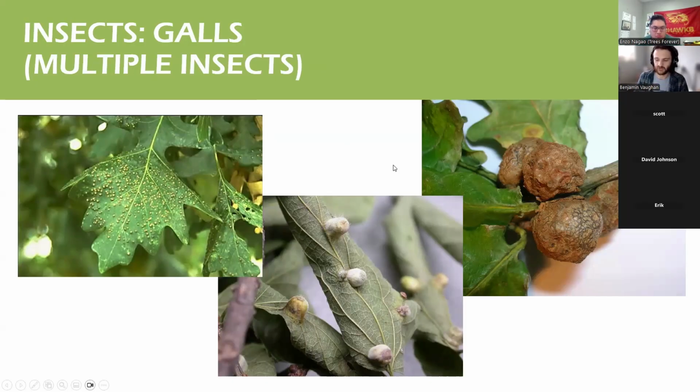What happens is the wasp will lay an egg basically in the bud of the tree during the fall, and then there's a chemical reaction within the bud where it tricks it into making this super weird leaf. So this is actually just made of leaf and tree material. Then there's a little worm that grows into a wasp eventually, and then they'll fly out in the springtime. But just an interesting thing. And once you see these type of things, you'll see them everywhere. You're like, oh, okay, I know what that is now.